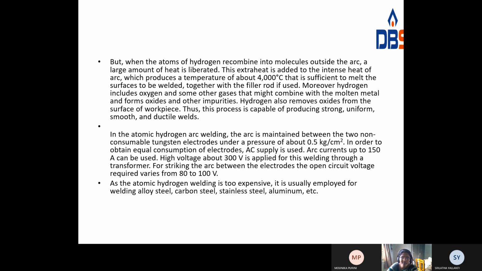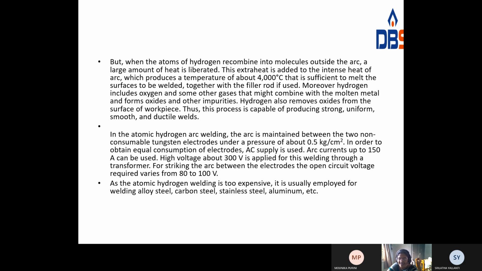Moreover, hydrogen includes some oxygen and other gases that might combine with the molten metal, that is, the metal to be welded, and form oxides and other impurities. Hydrogen also removes oxides from the surface of the workpiece.